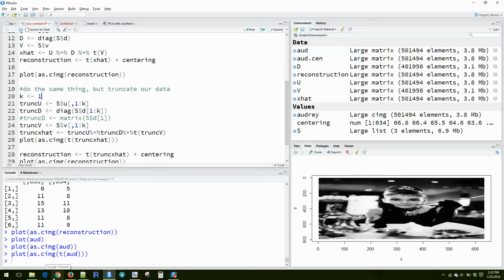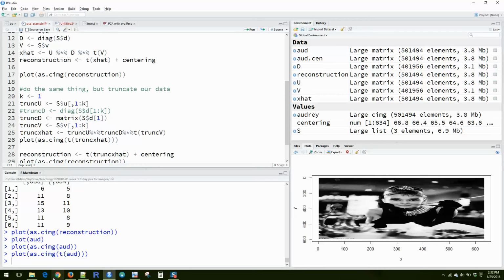And so if I just say, take the first column of U and take the first column of V and use just the first value, the first singular value, which is basically the square root of the first eigenvalue, okay?